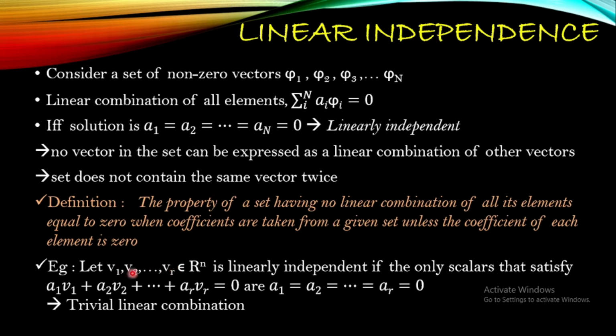Here each vector is associated with a coefficient, and in the solution each and every coefficient a1, a2, a3 so on up to ar is equal to 0, and thus such a combination is called a trivial linear combination. This is what we observe in linearly independent vectors. So this is one part.